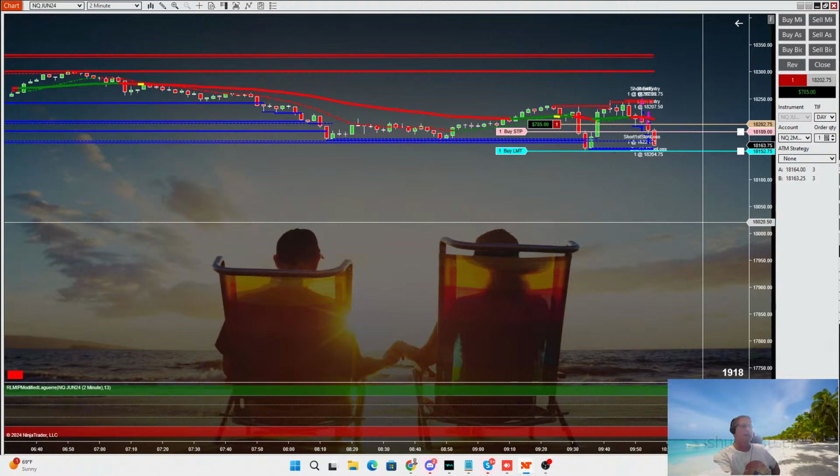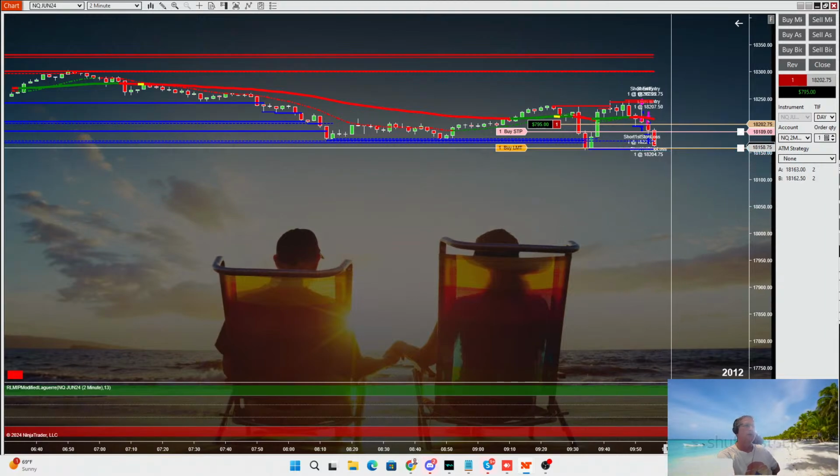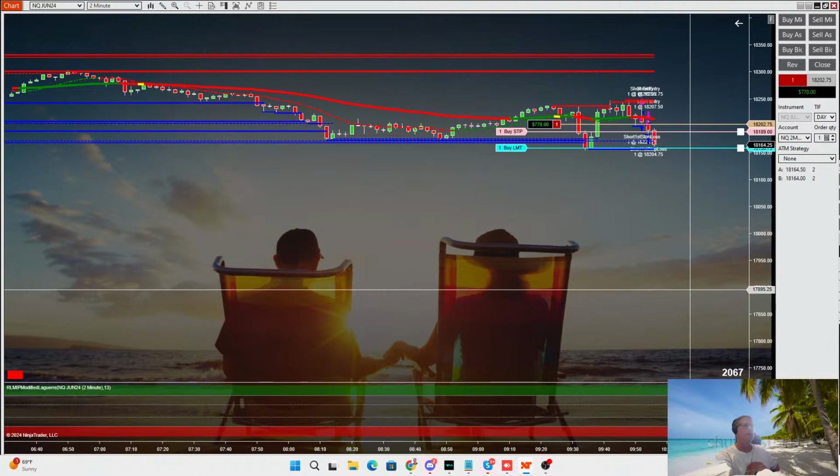See if it can push down. I'm going to bring my target just above that pivot line.